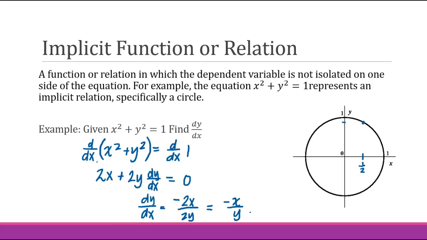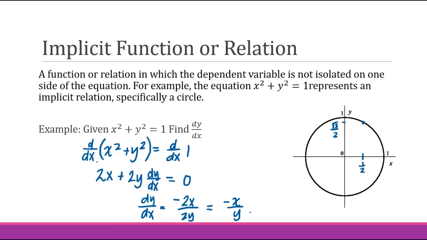So here, since we're on the unit circle, we know that if the x value is 1/2, then that does correspond with the y value, radical 3 over 2. So if we wanted the slope of the tangent line, we would simply plug in the x value of 1/2.